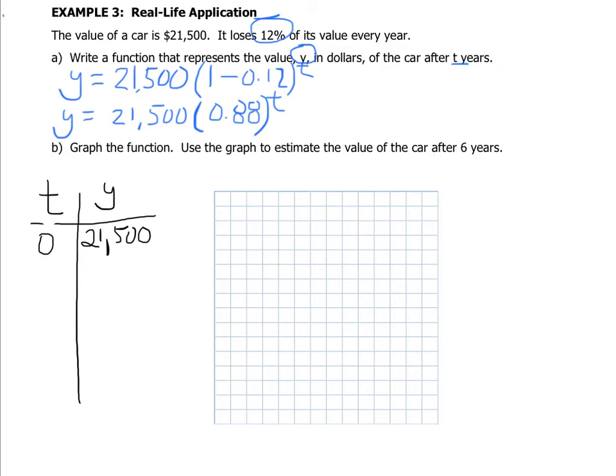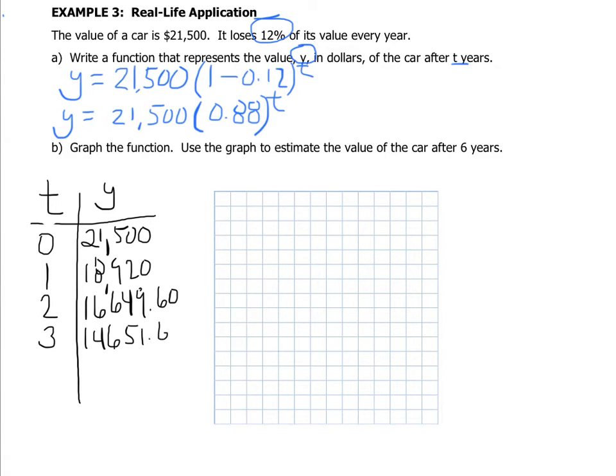When I put in 1 year, again, I would do my exponent first, use my calculator, and it is now 18,920. At year 2, it is now 16,649.60. When I plug in 3 years, I'm going to get 14,651.65.